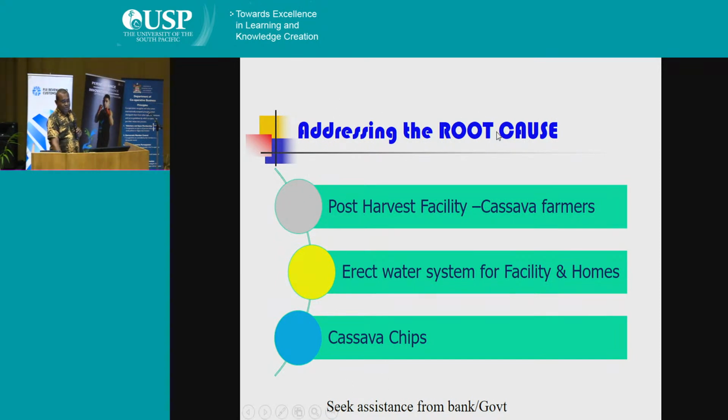To address the root cause, they build a post-harvest facility. This is a solution. Post-harvest facility for cassava farmers. The other thing they came up with as a solution is to erect a water system for facility and homes.